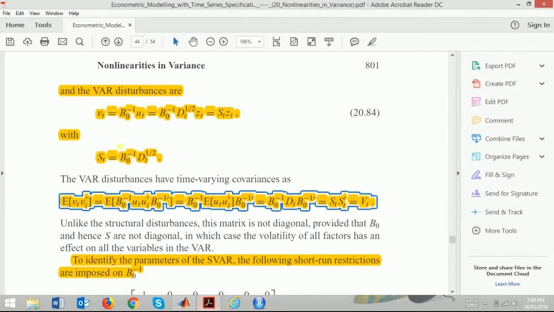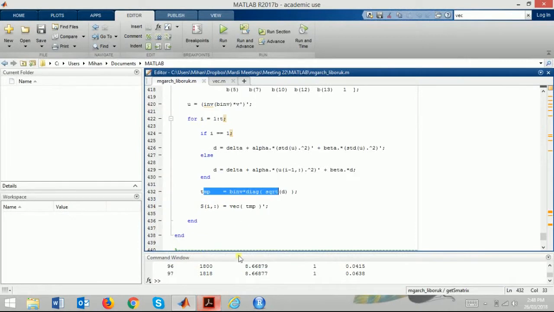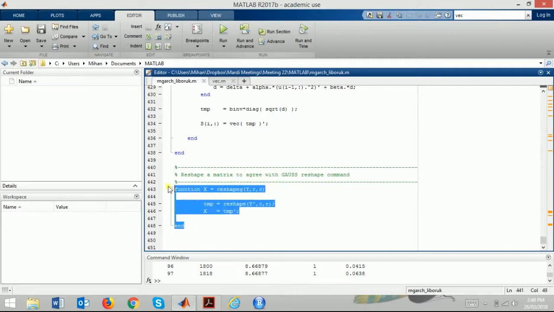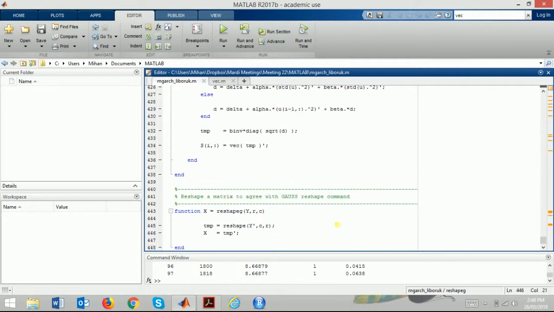The whole thing, S, is put into one column and the contemporaneous relationship is captured. Reshape a matrix to agree with Gauss. So this is a reshaping command. Maybe we'll need that.